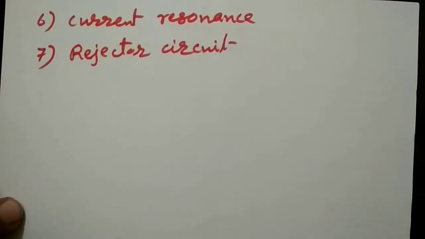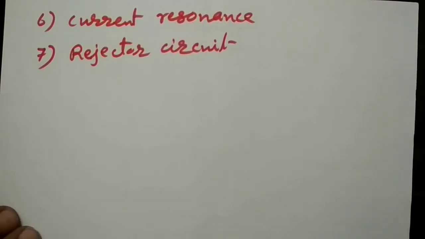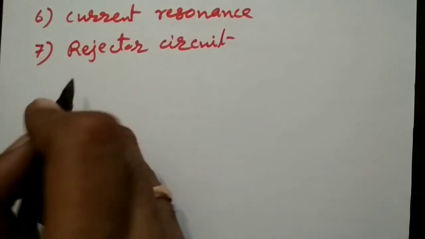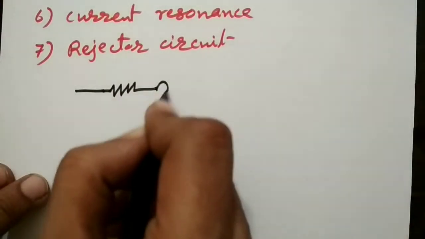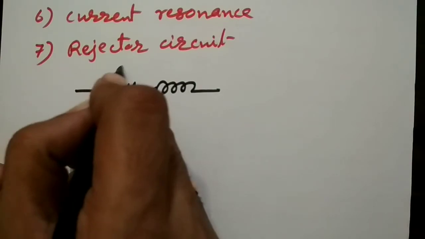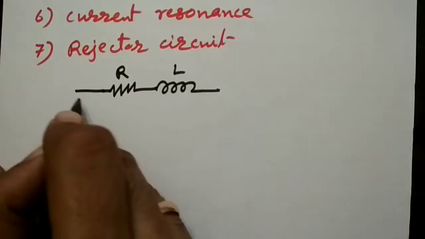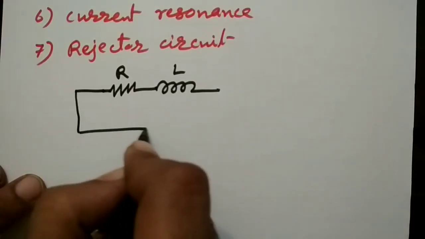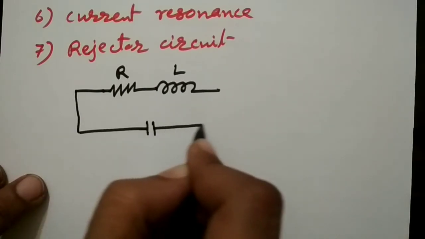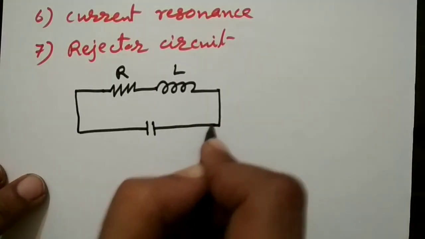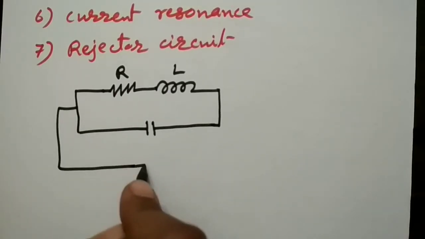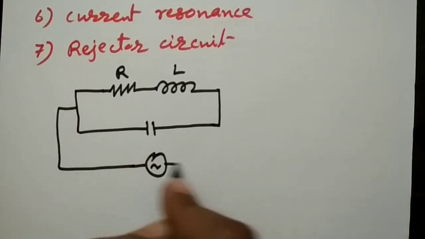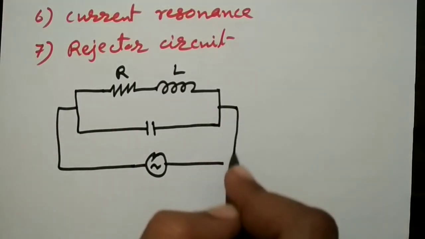Now mainly the circuit is considered during parallel resonance. We can draw the circuit again. Here it is considered as there will be only resistance and inductance in one branch and only a capacitance in the other branch. That means the resistance of the capacitive branch is considered as 0. So generally this type of circuit is considered for the parallel resonance.